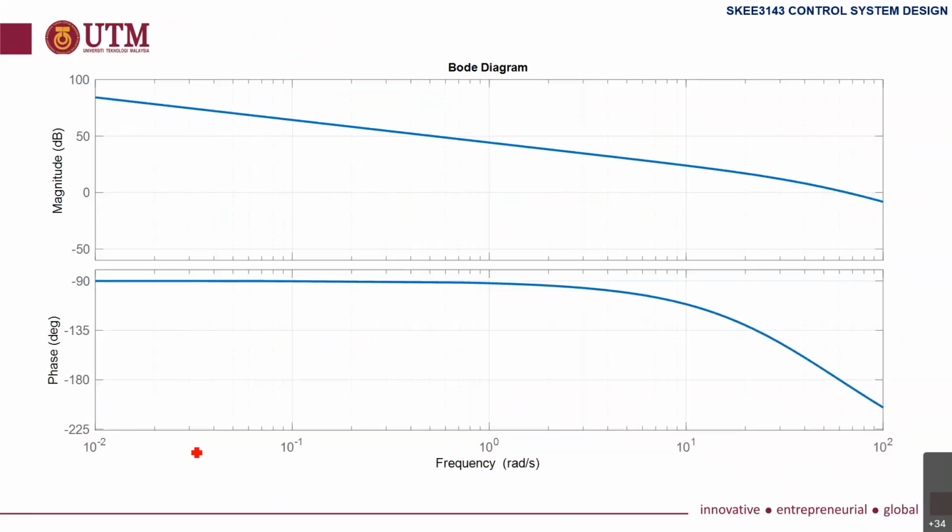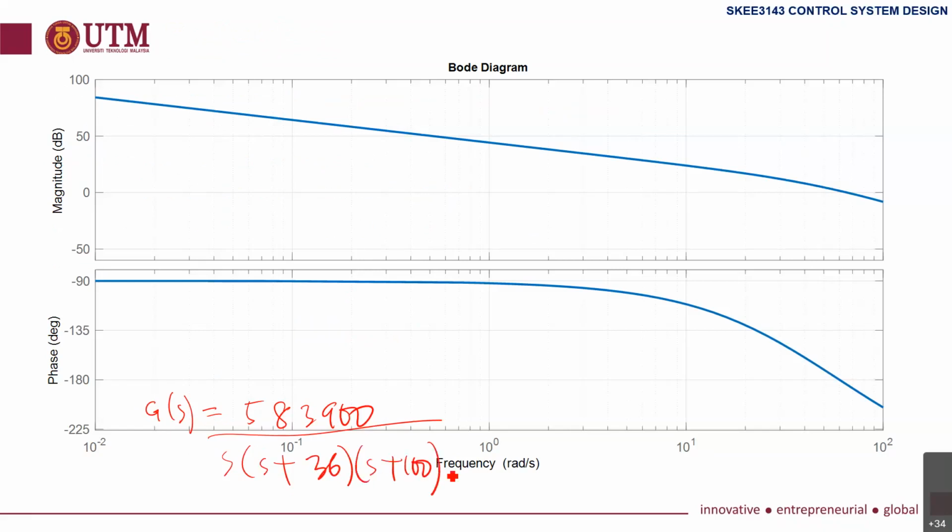This is a Bode plot for G(s) equal to 583,900 over s(s plus 36)(s plus 100). Maybe not in your slide, because I added this afterwards so that I can explain better with this.